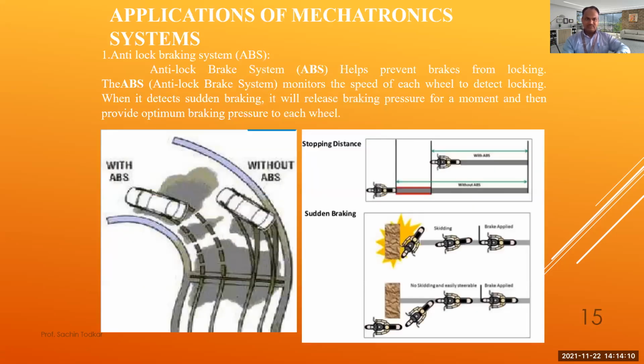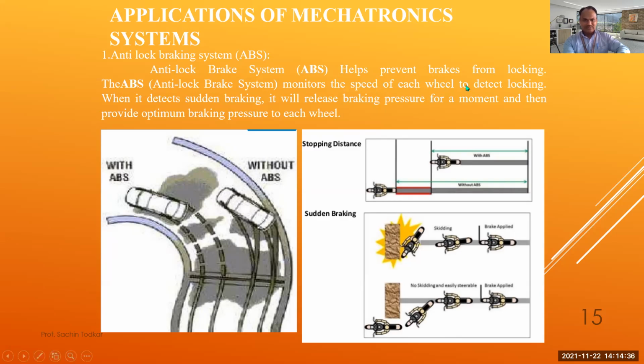Now, some of the students have asked me what the applications of these feedback functions are. The applications of feedback functions in mechatronics are like this: the anti-lock braking system, the ABS system. In all four-wheelers, we are using this anti-lock braking system. So what is this anti-lock braking system?